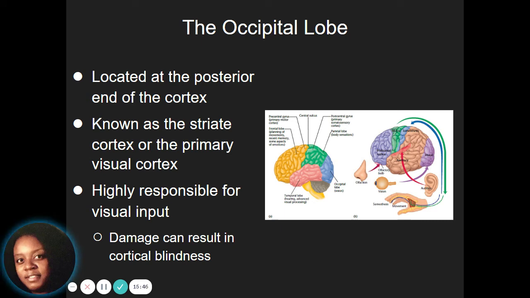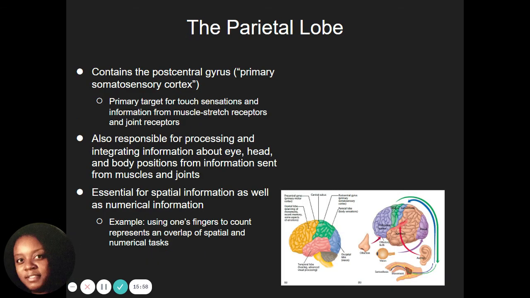So the occipital lobe is responsible for your visual cortex and visual input. So if it's damaged, it could result in blindness. The parietal lobe is responsible for processing all of your spatial information and numerical information, any information that's sent to your muscles and joints.